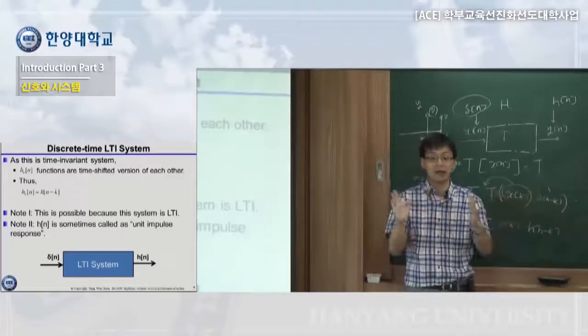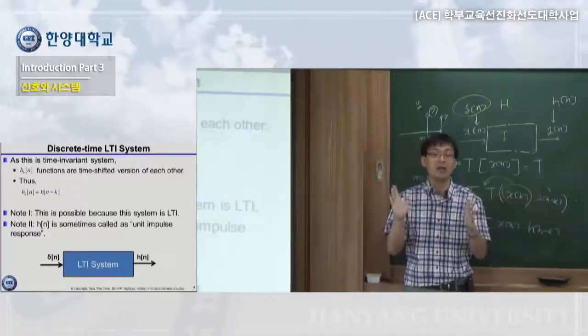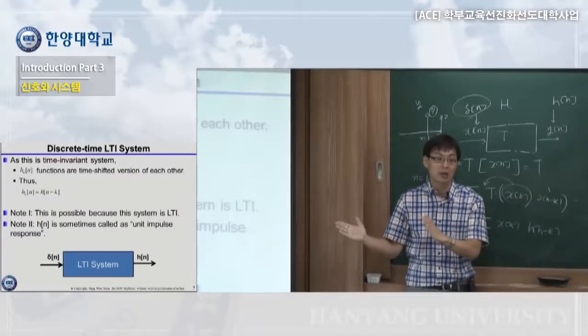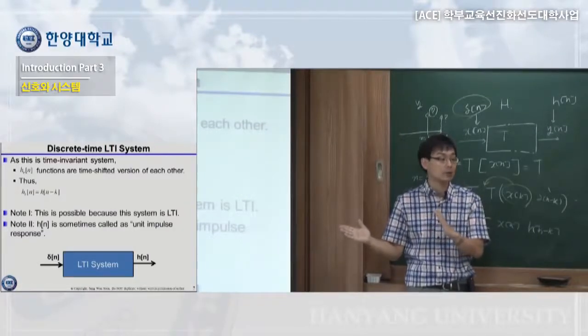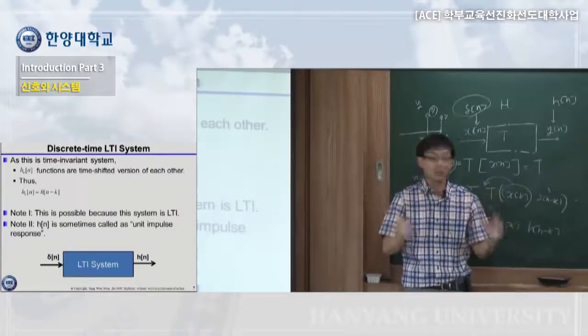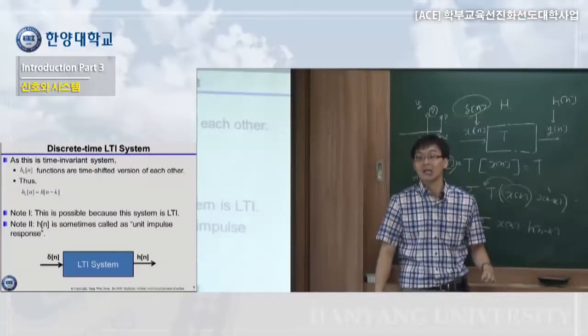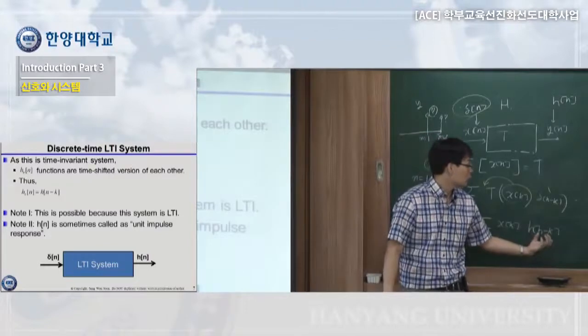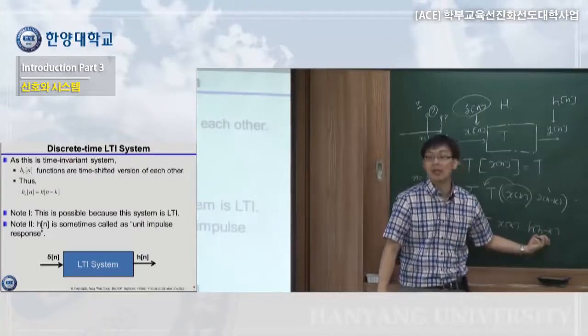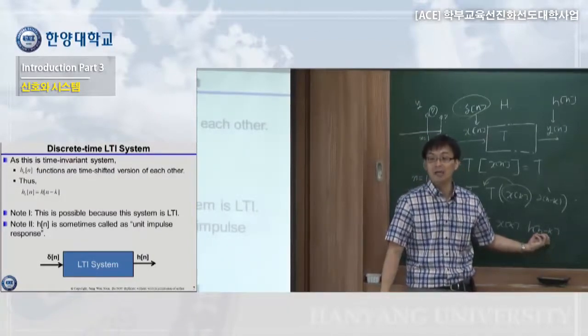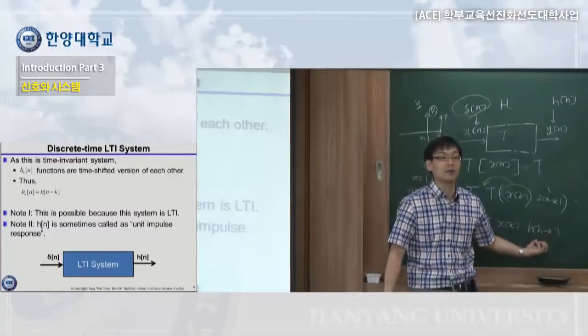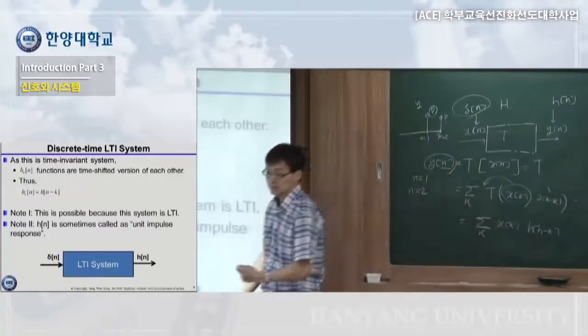If they change by shifting the time, which is not time invariant, then we cannot use this claim because this Hn minus k will be different from Hk. So to utilize this claim, we need the assumption that this system should be time invariant. Okay?